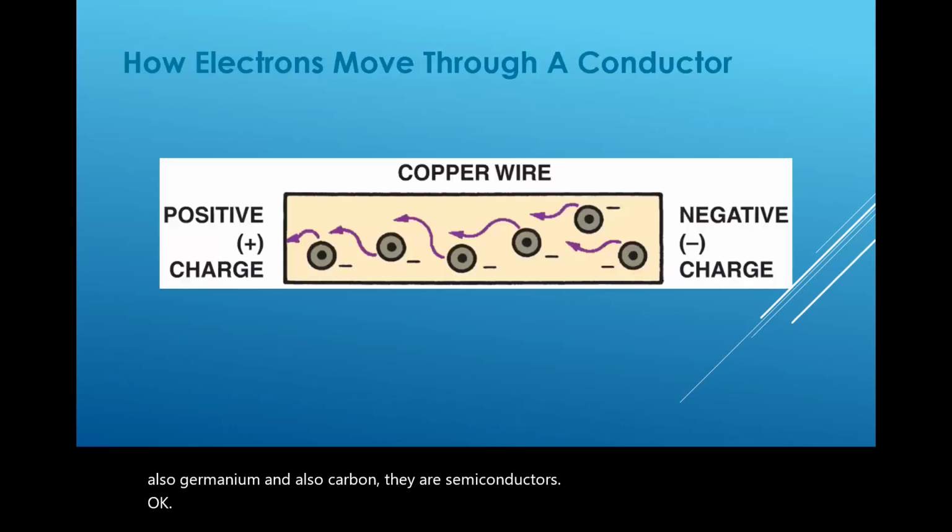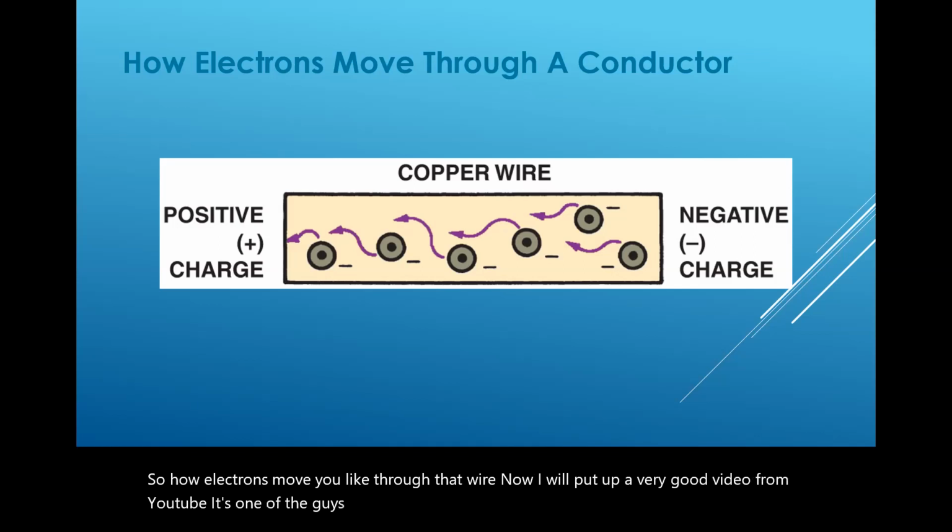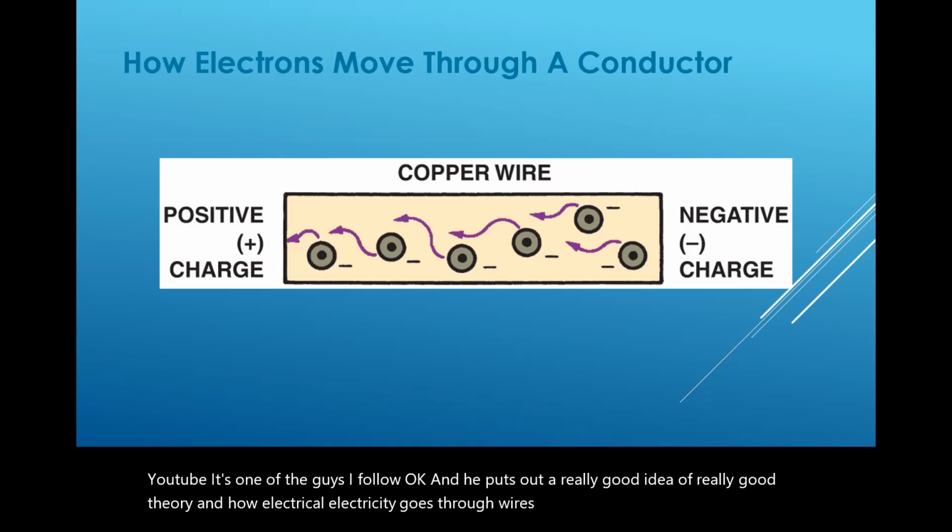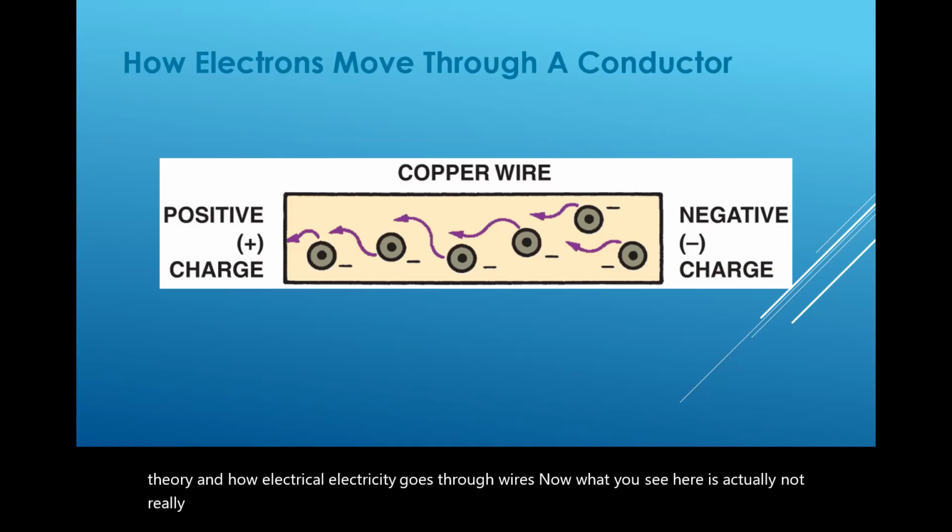So how do electrons move through that wire? Now, I will put up a very good video from YouTube. It's one of the guys I follow, okay? And he puts out a really good theory of how electricity goes through wires. Now, what you see here is not totally correct, but it's giving you the idea of what's going on.